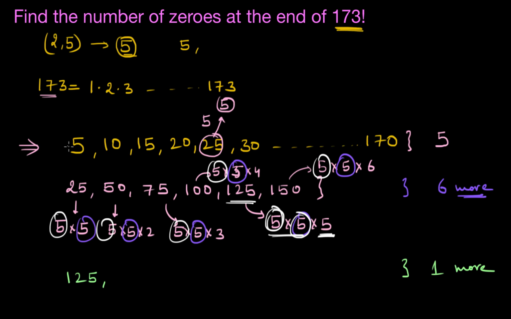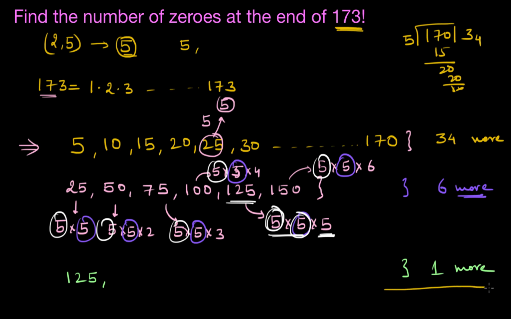So now let's see how many 5s we have here. In this first series, how many 5s can I expect? Let me divide 170 by 5. 5 3s are 15, 5 4s are 20. So this will give me 34 5s. I'll have 34 5s from here, 6 more 5s from here, and 1 more 5 from here.